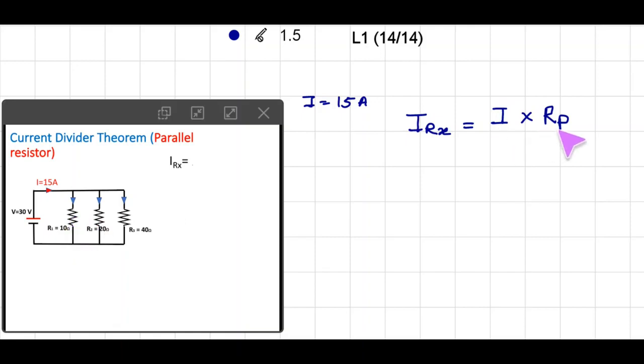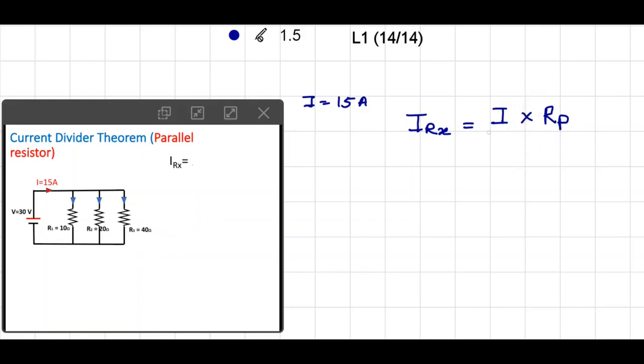What is the value of Rp? Rp is the equivalent parallel resistance of these 2 resistances, here the 20 and 40 ohm resistances. We have to find their parallel combination, and put that value here.